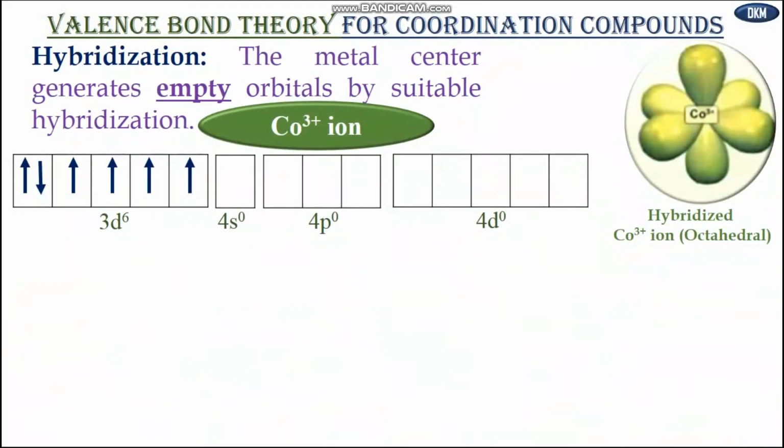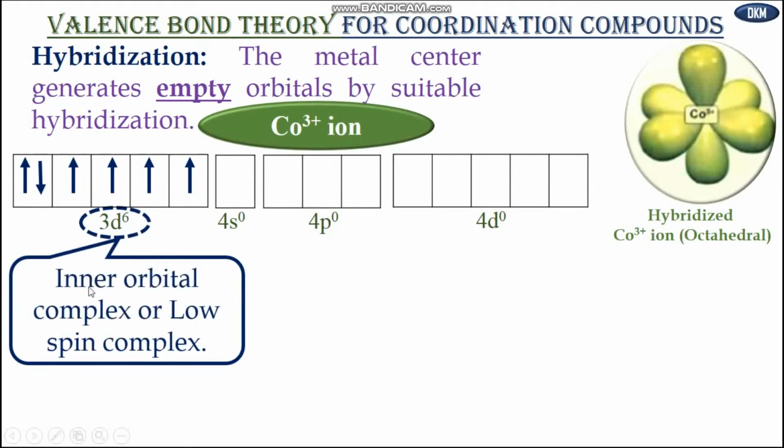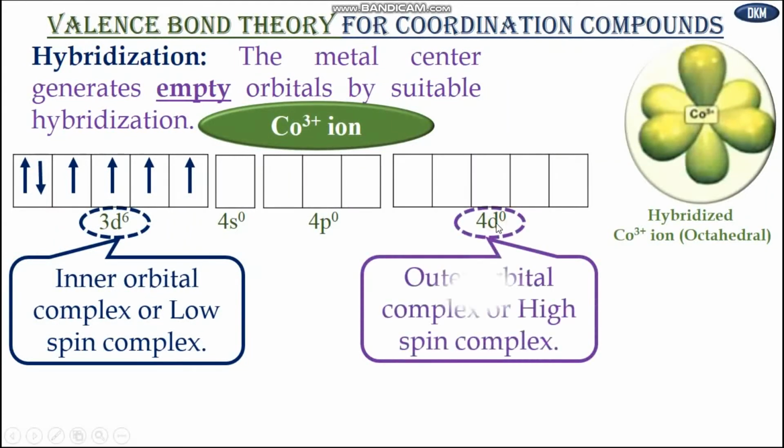In the case of Co3+ ion, if this 3d subshell takes part in hybridization, then the complex will be an inner orbital complex or low spin complex. And if these 4d subshells take part in hybridization, then the complex is an outer orbital complex or high spin complex.